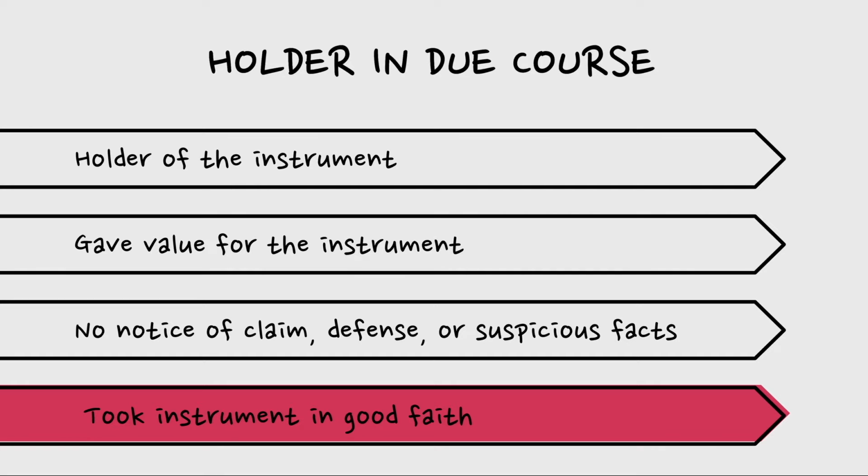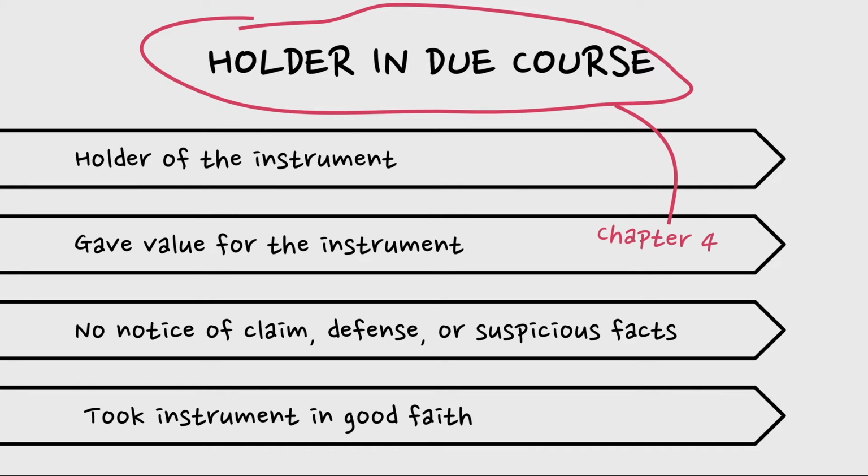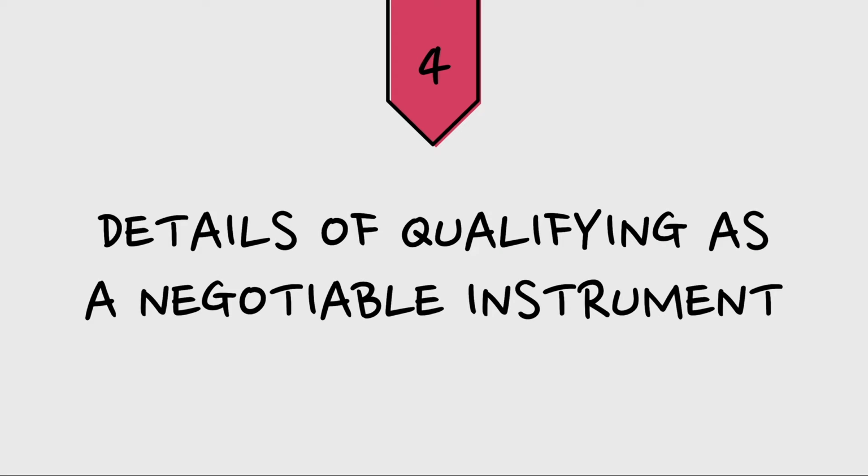They themselves took it under circumstances that were not suspicious, not done in a nefarious way or with any sort of underhanded dealing, with an understanding of, I believe this represents what it is, and I have no notice of any claim, defense, or suspicious facts, etc. If all of those things are true, all four, then that party could be a holder in due course. So we'll look at that in future lessons.